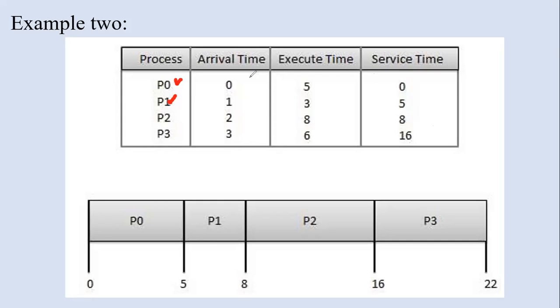So this simply means that if a process arrives at time 0 and its execution time is 5, then put simply, it will start being serviced immediately. Process 1, which has an execution time of 3, will have to start at time 5, which is the time for the previous process to execute.